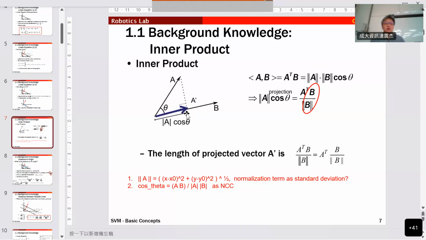So A inner product B equals the magnitude of A times the magnitude of B times cosine theta. What does cosine theta mean? Cosine theta means the similarity, because if theta equals 0, that means the vectors overlap.